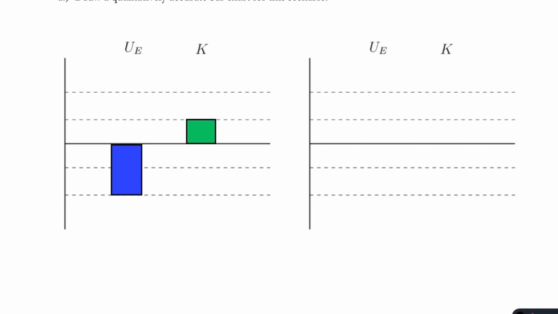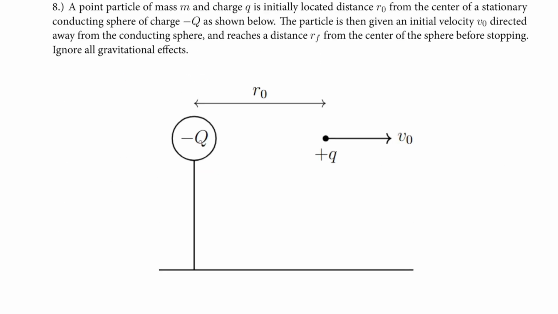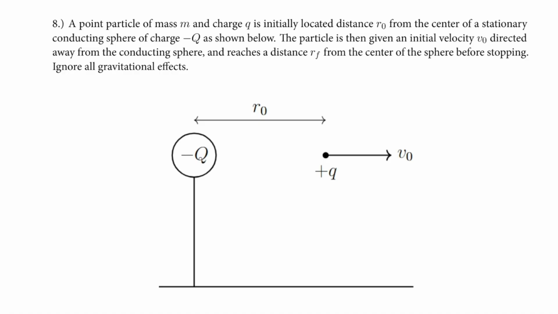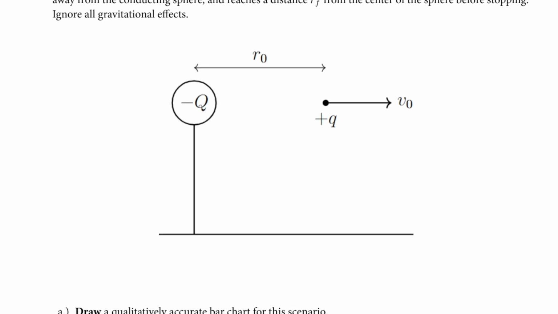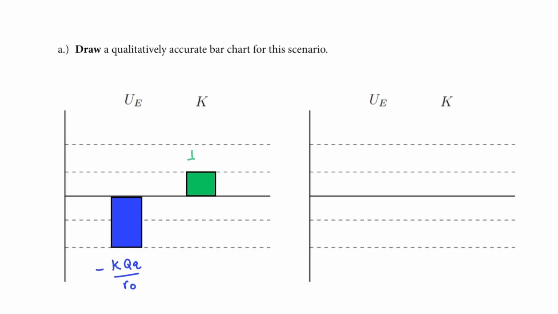And I actually know expressions for each of these things, because our charges are plus q and negative big Q, and our velocity and separation are defined. So this would be negative kqQ over r0. And since my initial velocity was defined, this is 1/2 mv0 squared.